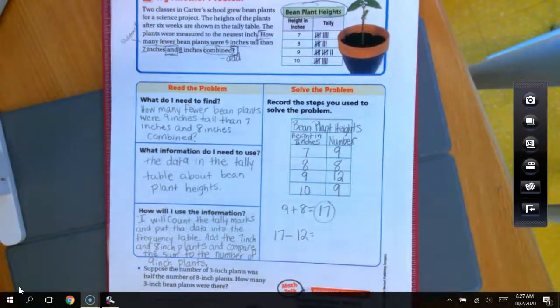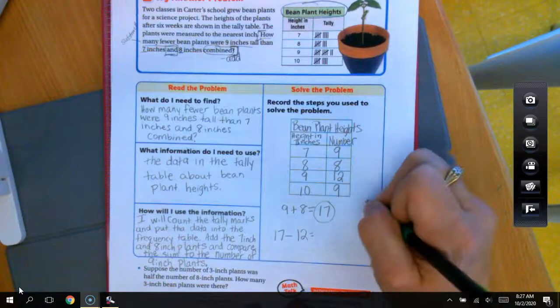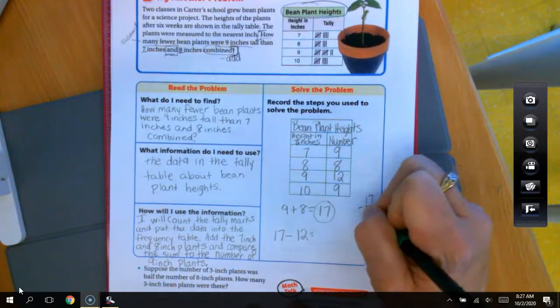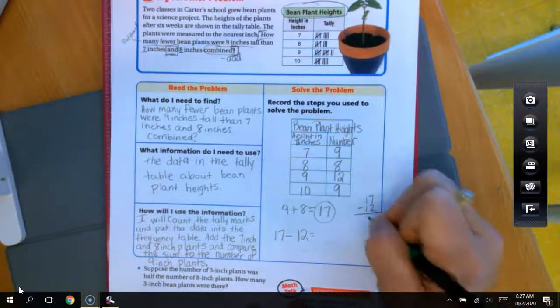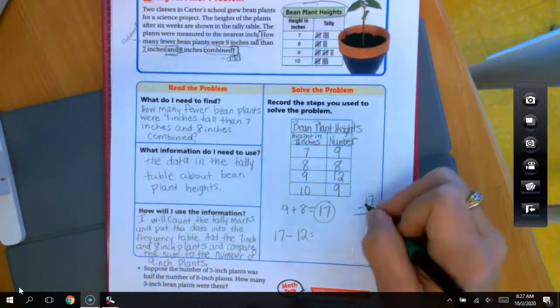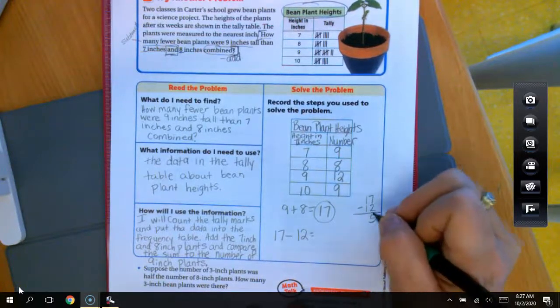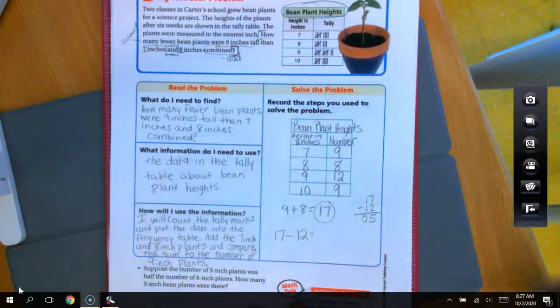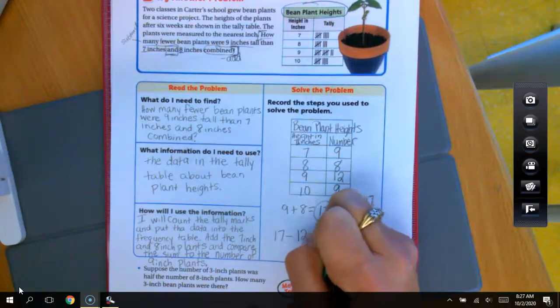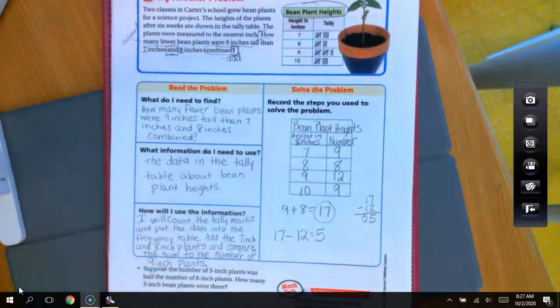Now, I can't subtract sideways, so I'm going to come over here and I'm just going to stack it and subtract. 7 minus 2 is 5. 1 minus 1 is 0. You can put the 0 or you don't have to. It's up to you. So my answer is 5. So boys and girls, you just did a 2-step problem. Good job.